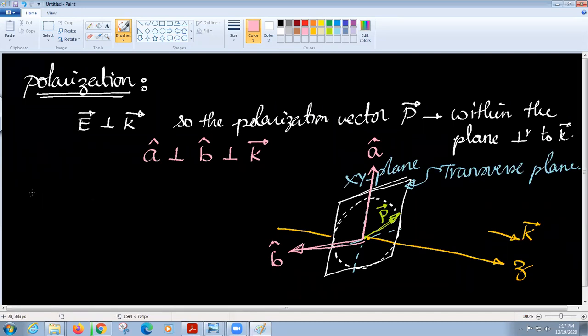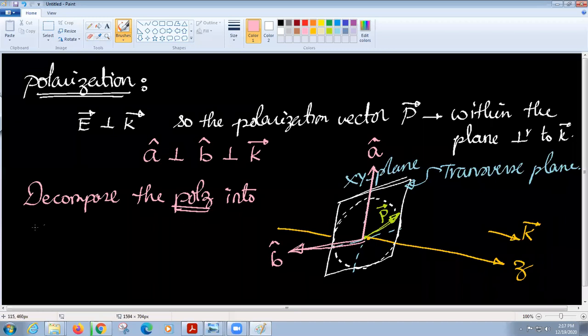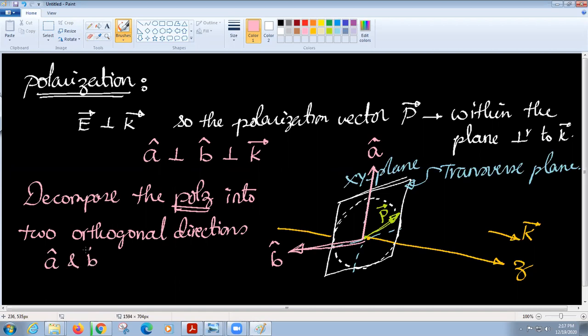So now what we do, we will decompose the polarization into two orthogonal directions, A and B. Okay.